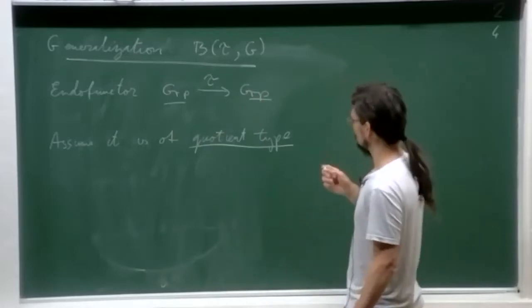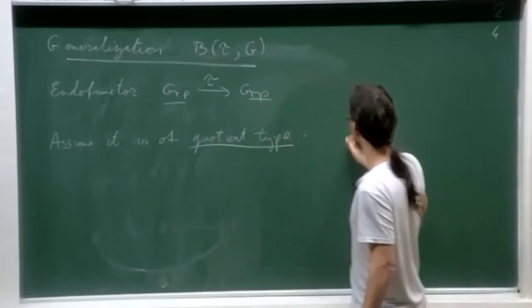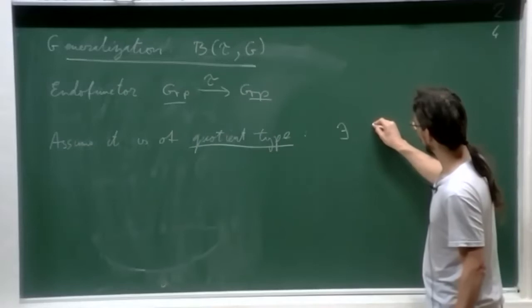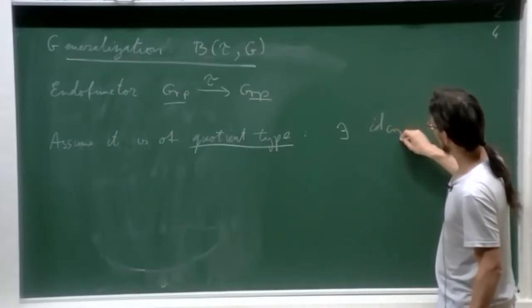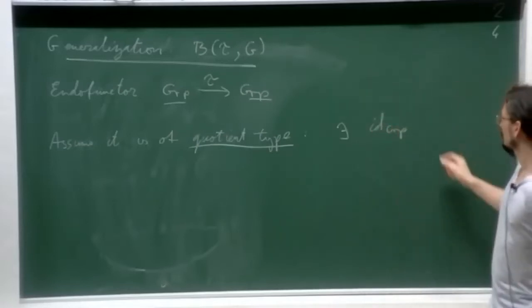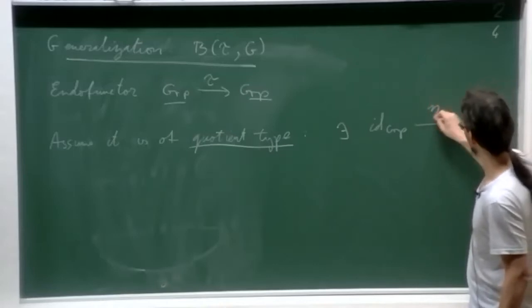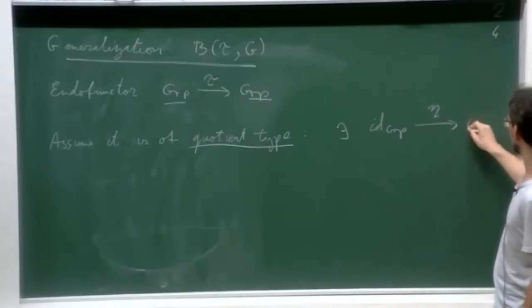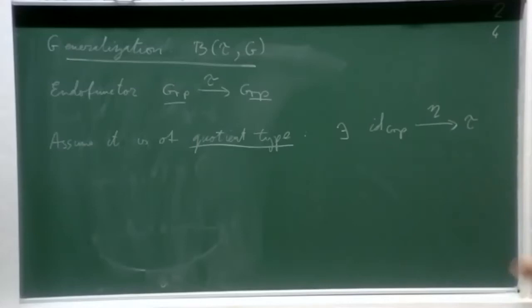By which we mean that there's a natural transformation eta from the identity functor on the category of groups to this endofunctor tau.